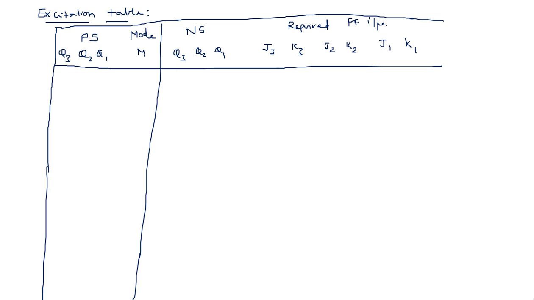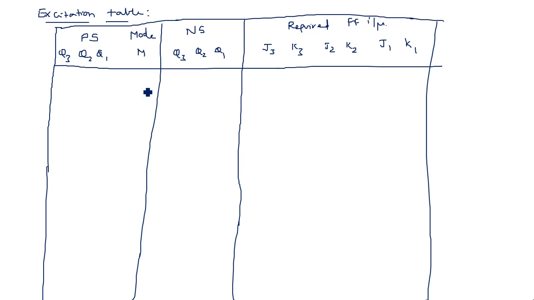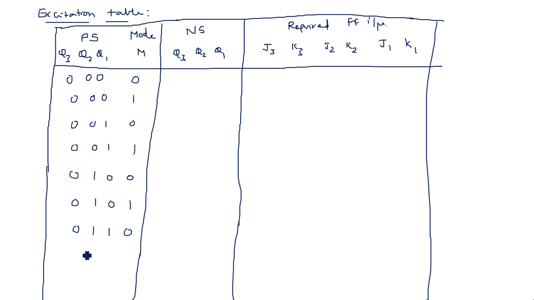Now we have to consider that the mode pin is also one of the inputs along with the present state. So the count will vary from 4 zeros to 4 ones: 0000, 0001, 0010, 0011, 0100, 0101, 0110, 0111.